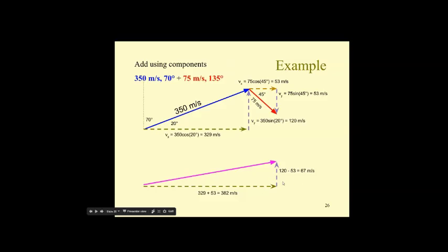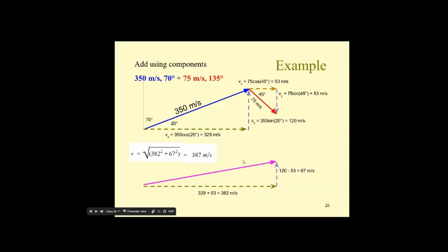Now I have simply a right triangle to find the hypotenuse. I'm going to use Pythagorean theorem. So it's 382 squared plus 67 squared. Calculate that out. And that comes out to 387, which is logical because it's larger than that. It's got to be bigger than the 350.